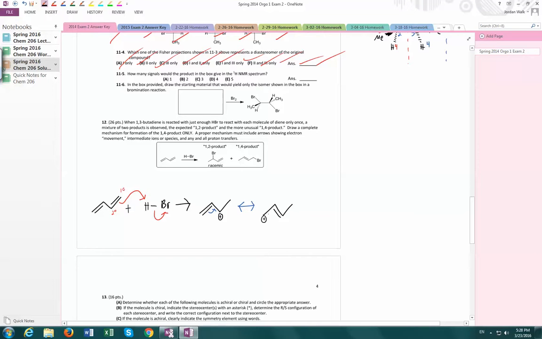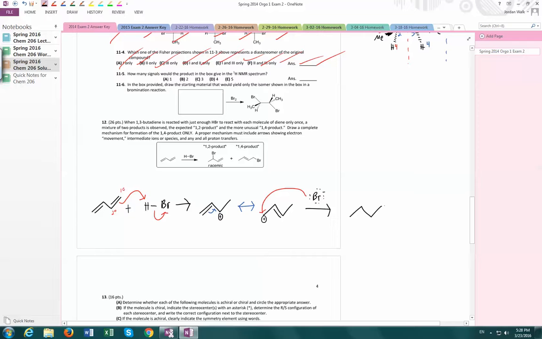To get to that 1,4 product, we just want to make sure we are adding to that 1 position, like that.